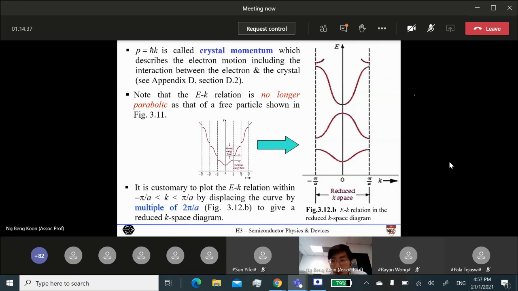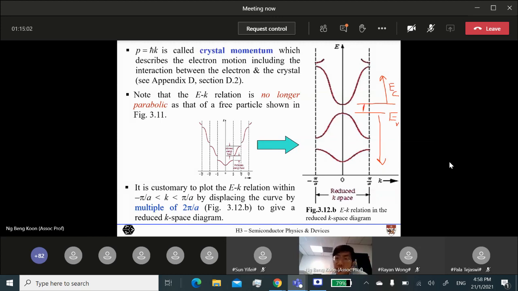And as I mentioned before, this part downwards is energy states that are filled up with electrons in the crystal, and this part above is the empty states. This refers to the conduction band, the EC part, and this part downwards is the EV part. Of course, the separation here is the band gap.